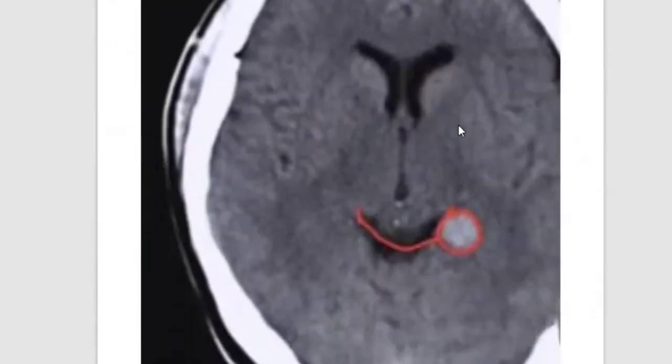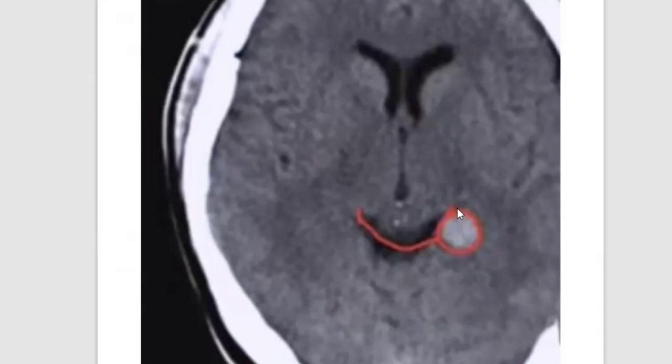So this is the axial section of a CT brain. This is the third ventricle. This is the ambient system. This is the midbrain. In the ambient system you have one laddu here. What is this laddu? Can you guess? Must be a choroidal cyst? No, it's not a choroidal cyst.